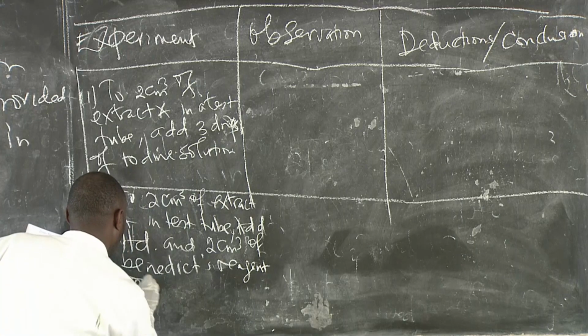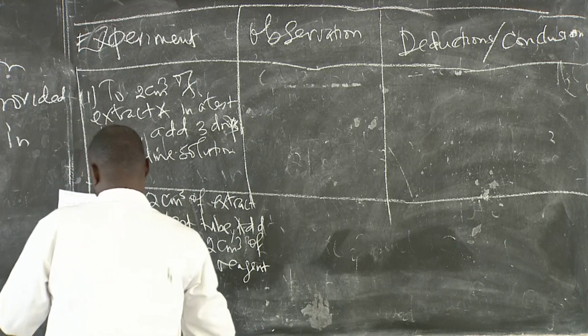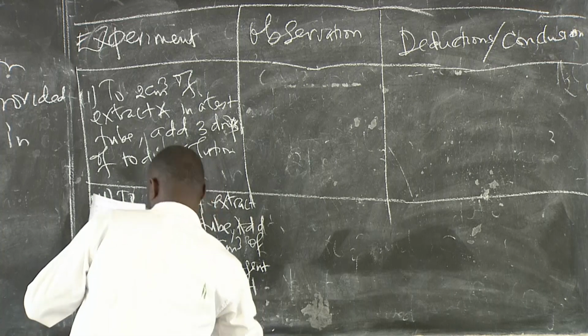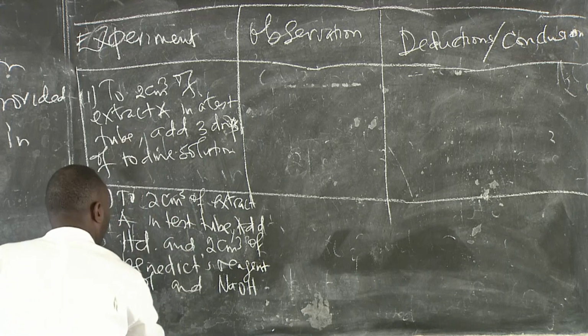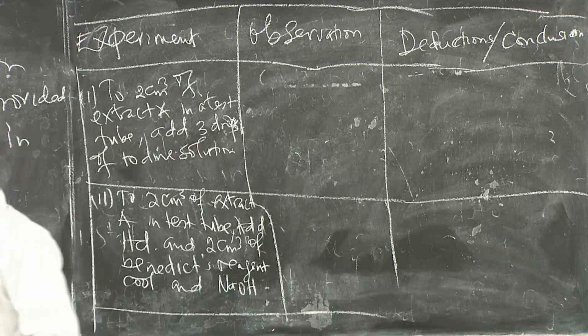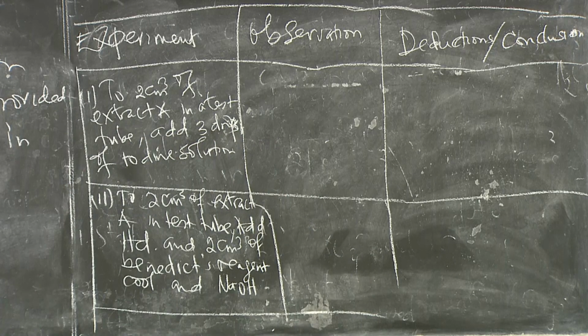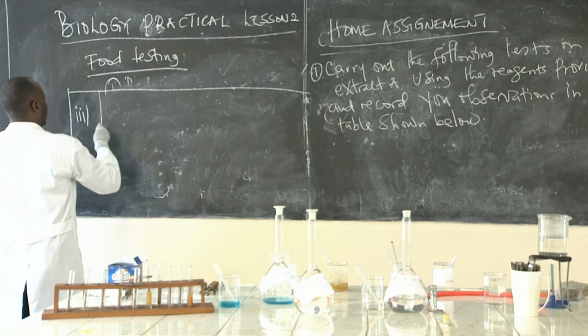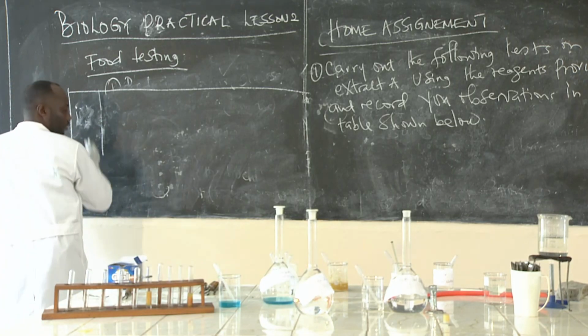Cool the solution and add sodium hydroxide. And then 3, that is Roman 3.